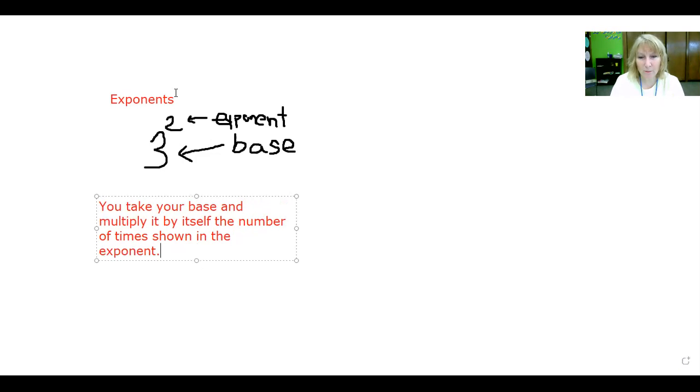Let me show you an example of how that works. So what I'm doing is I'm taking this 3, the base, and I'm multiplying it by itself. How many times? The number in the exponent, 2 times. So I'm multiplying the base by itself twice.